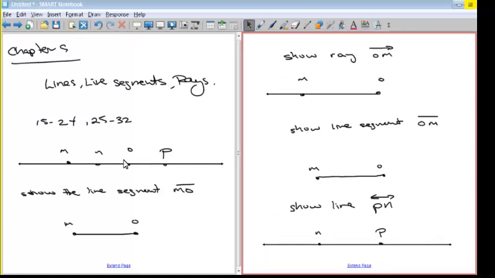I don't want you to put all the other letters. I just want you to show the ones that apply to the one that I'm asking. And here again, it doesn't matter which order. I put it in the order that's in the picture. So even though I have P first, in here I don't put P first on the line, I put N, because that's the orientation on the line. Okay, so you can look at that. We did it for homework.